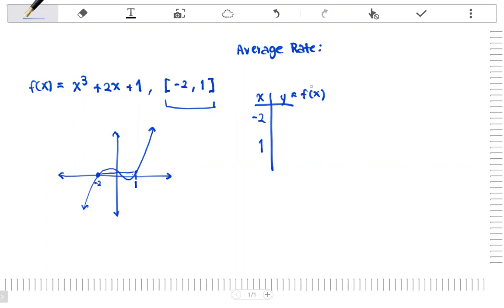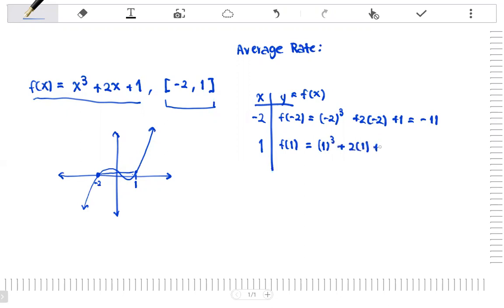Or for f of x, for this function? -11. Yeah. -2 cubed plus 2 times -2 plus 1, right? So -8, -4, yeah, -11. And if we plug in f of 1, what would we get? 4. Yeah, you're right.